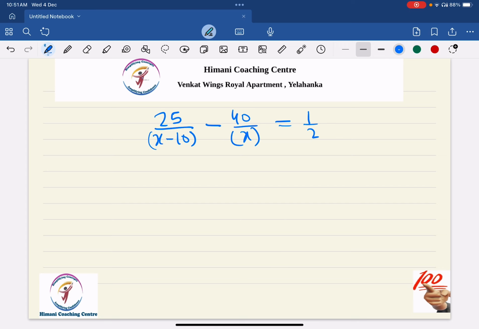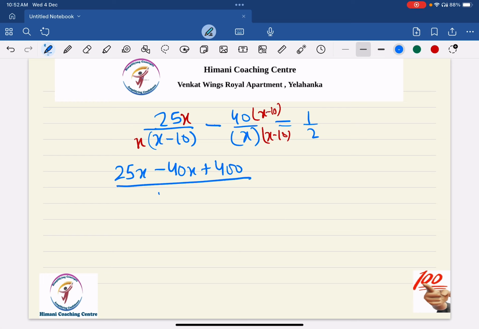to do the LCM because the denominators are unlike. So in order to make them like, this needs to be multiplied with x, so the numerator gets multiplied with x. This needs multiplication with x minus 10, so the numerator also gets multiplied. So when we solve this, we'll have 25x minus 40x, and minus into minus is a plus 400, divided by x into x is x square minus 10x, which is equal to half.